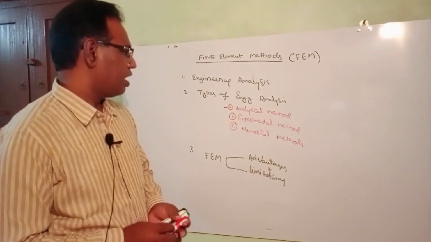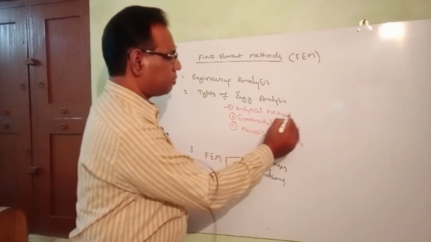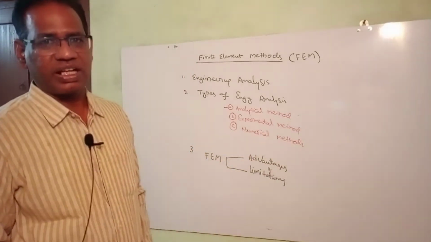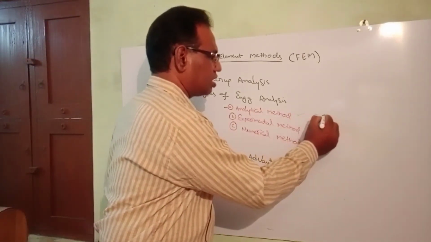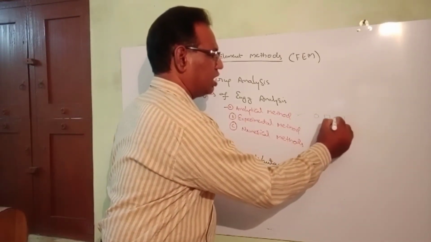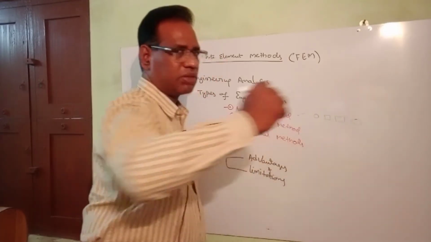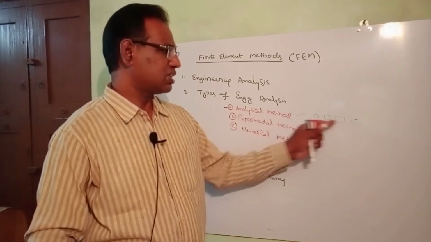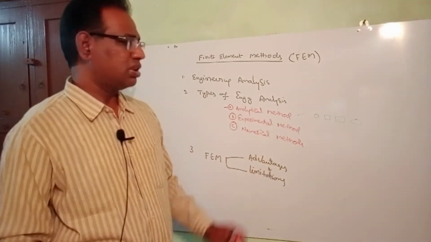Here in the analytical methods, this particular method may be useful for component geometries which are in regular shape, that may be circular, square, rectangle or elliptical. For all these, standard equations are available, and similarly for areas and perimeters, standard equations are available.